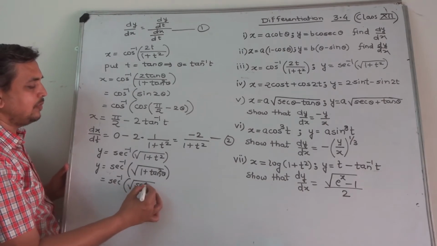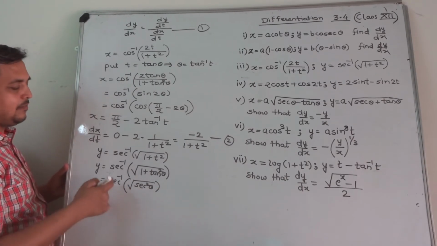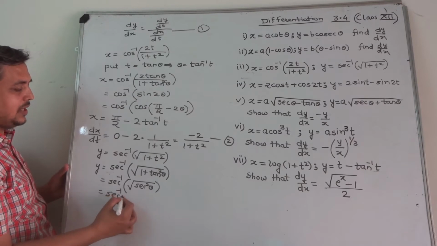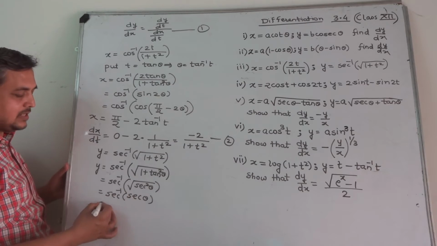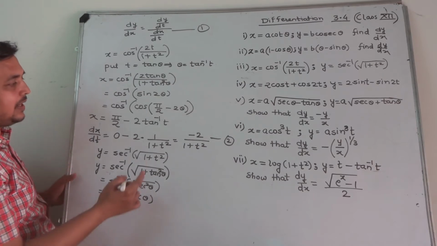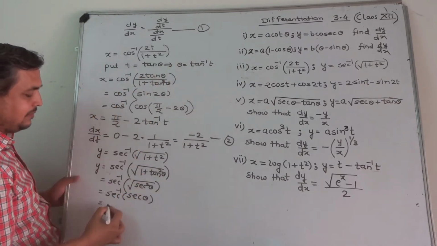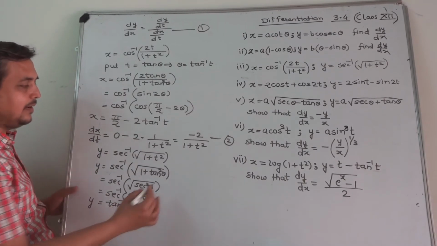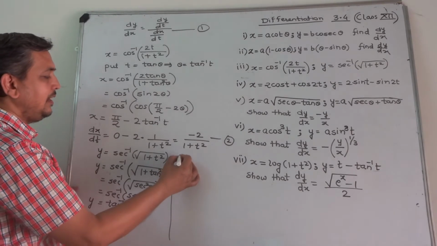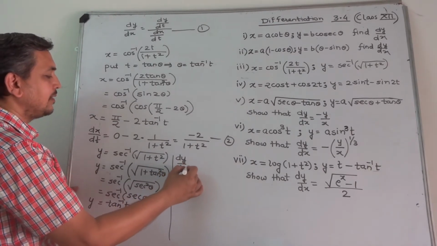So it is root of sec square theta. This will give sec inverse of sec theta. Sec inverse sec gets cancelled and we get theta. But theta is nothing but tan inverse t. So we can directly write tan inverse t. This is y.